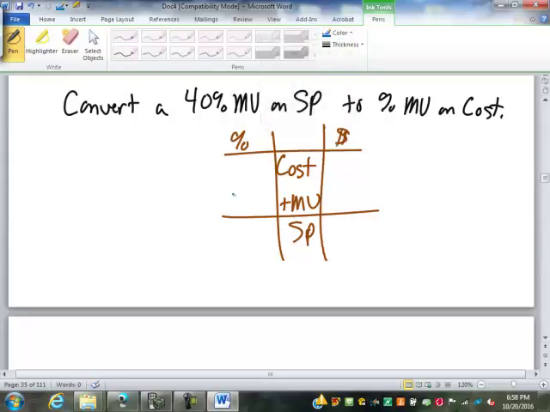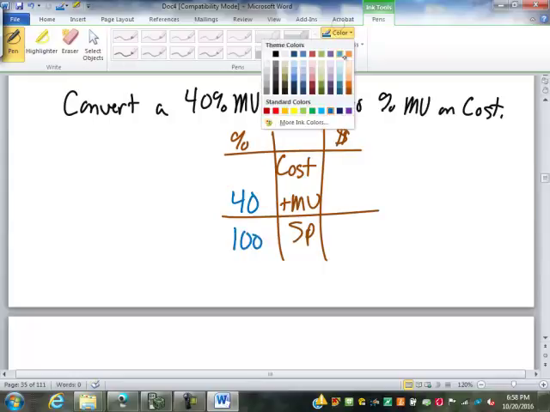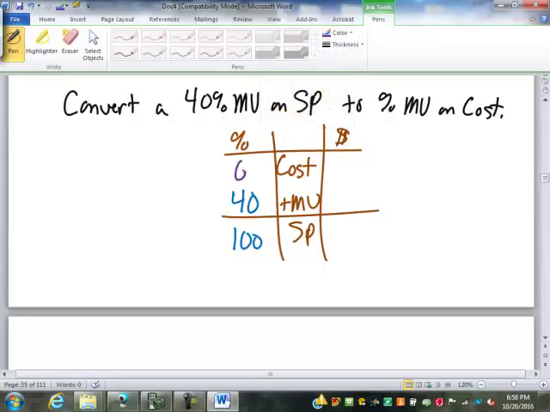So I've got my 40% markup, but now 100 goes with the selling price. So this is going to be 60.